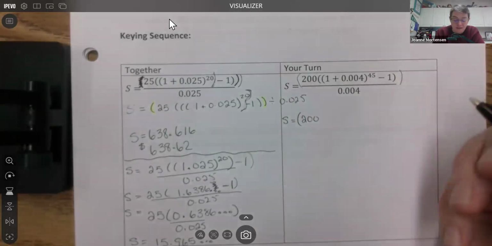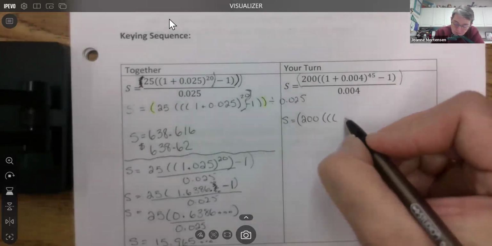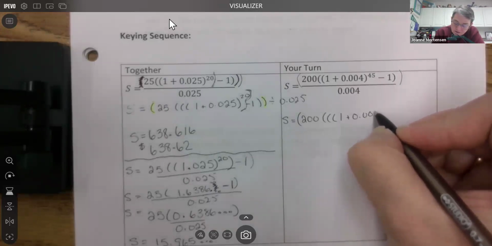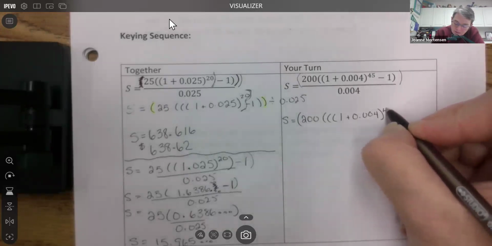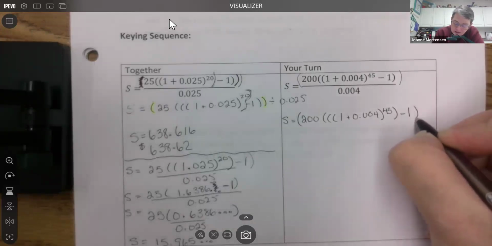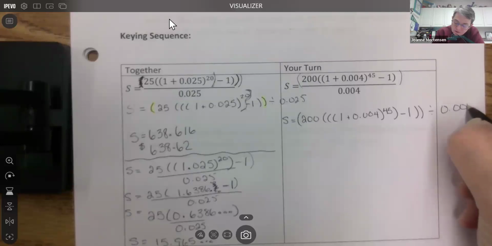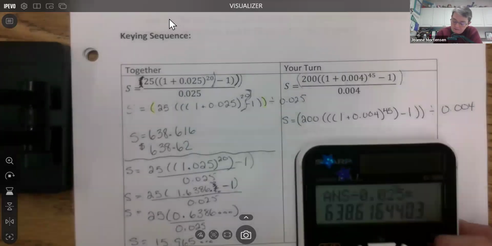I'm just going to copy it and see if I can make it work. 1 plus 0.004 to 45, bracket, minus 1, bracket, bracket, divided by 0.004. Maybe if I practice this, it's going to be better.